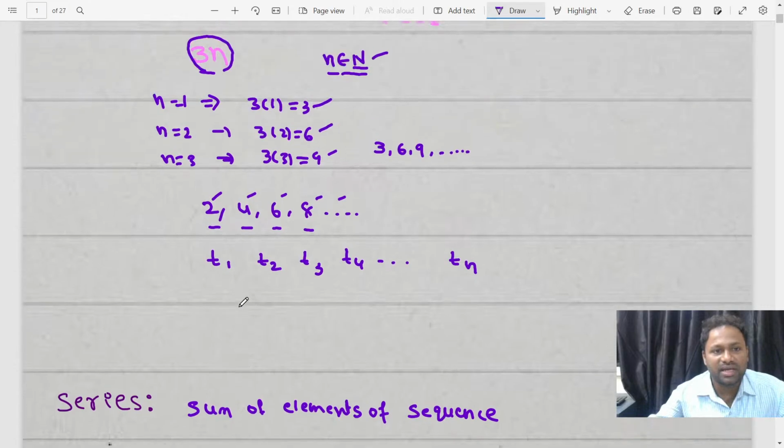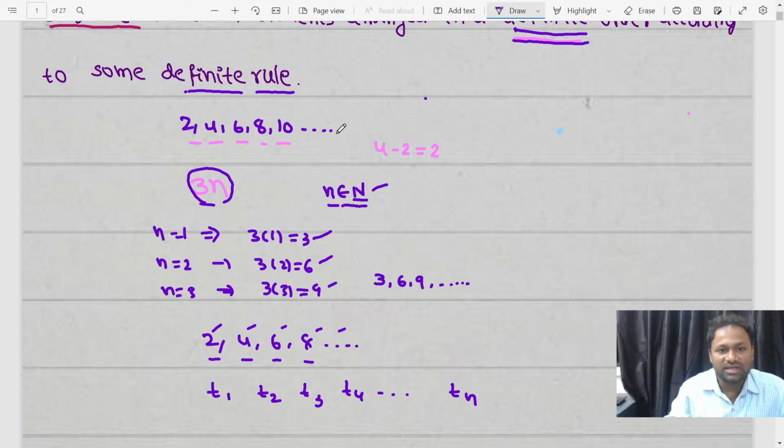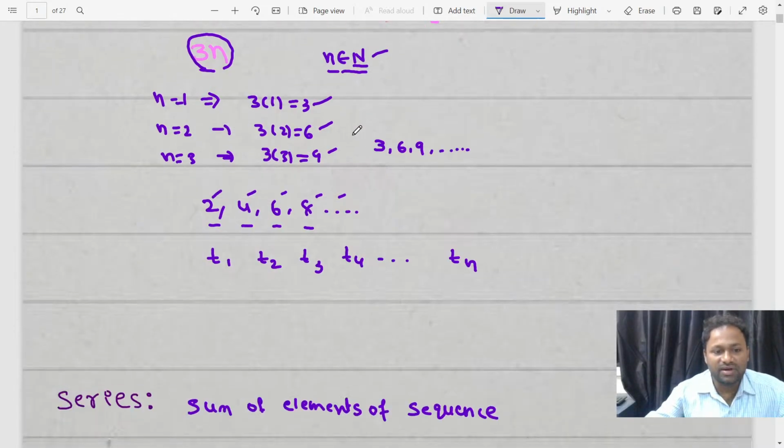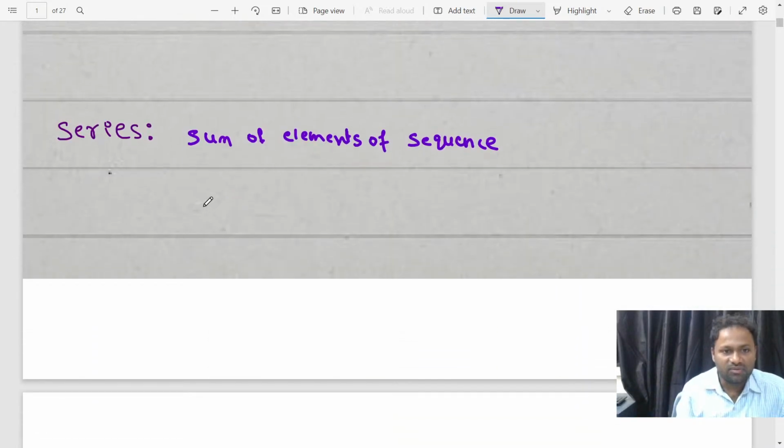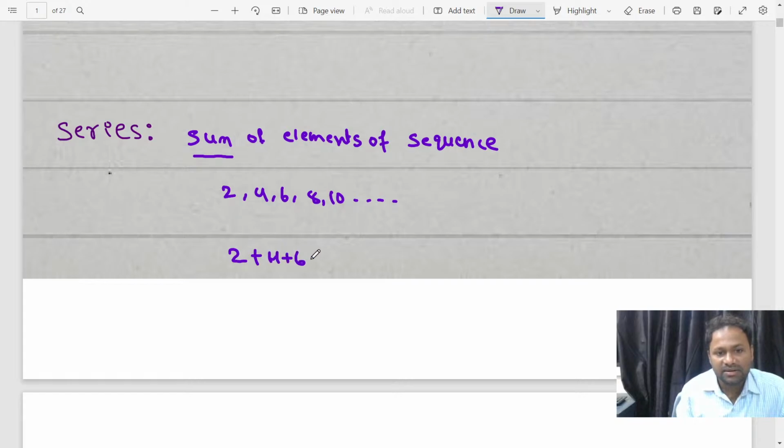Just as before, we have taken this as a sequence: 2, 4, 6, 8, 10 and so on. Sum is nothing but addition: 2 plus 4 plus 6 plus 8 plus 10 and so on. This summation is called a series.